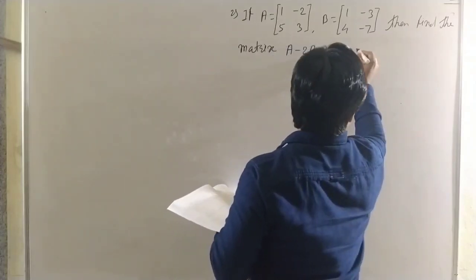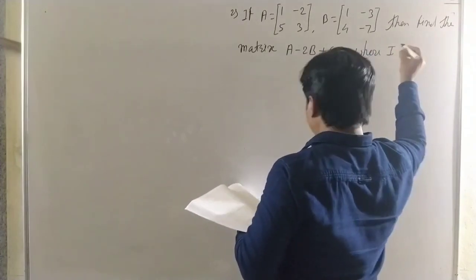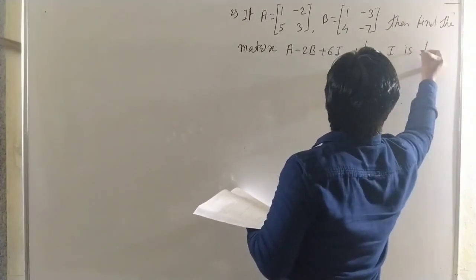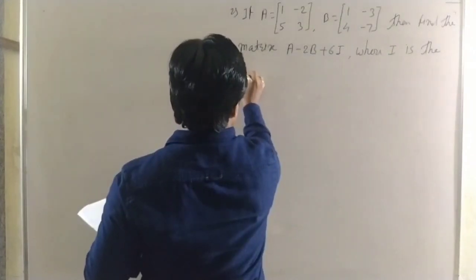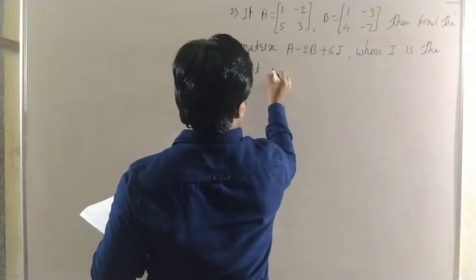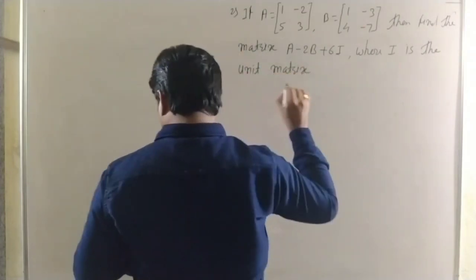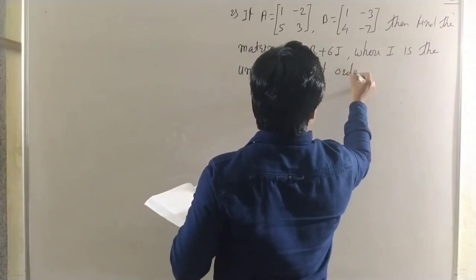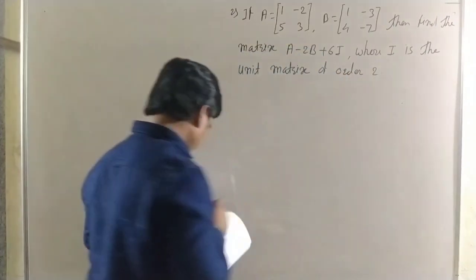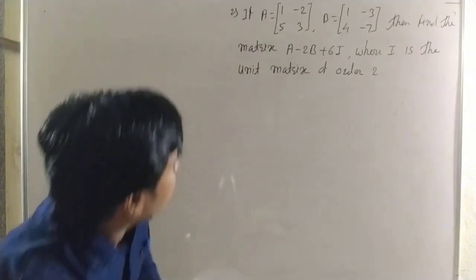Okay, where I is the unit matrix of order 2. Now you can solve this example.